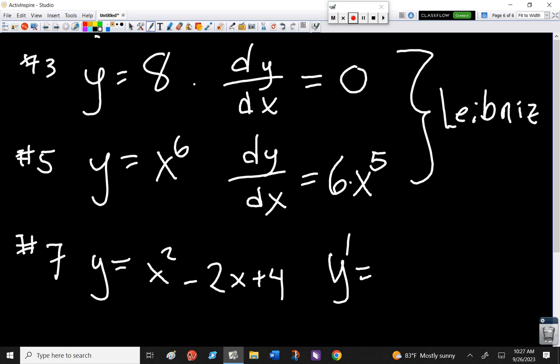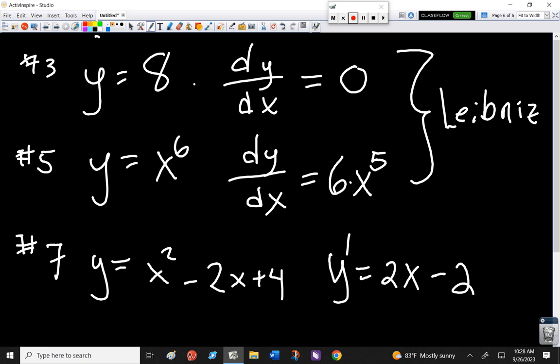This is going to be 2x minus 2 plus 0. I don't have to write the plus 0 unless you want me to, but I won't. The derivative of x squared is 2x, and the derivative of negative 2x is just negative 2. Derivative of 4 is 0, so it just goes away. And that's it. This is Newtonian, or prime way of writing derivatives.